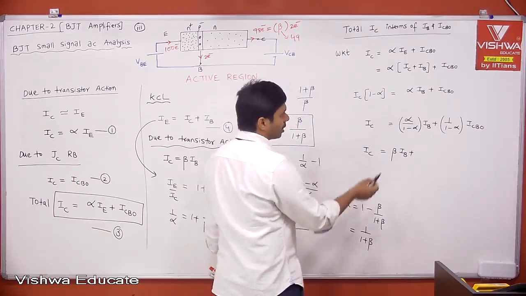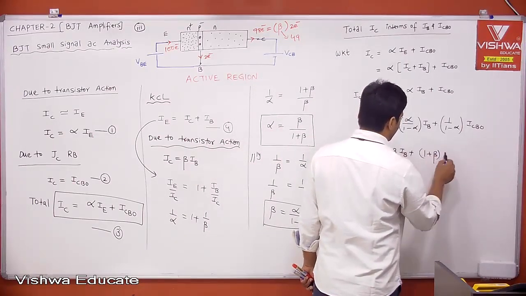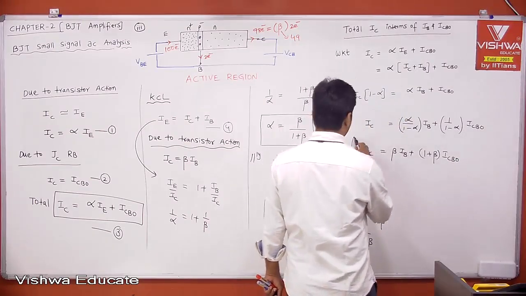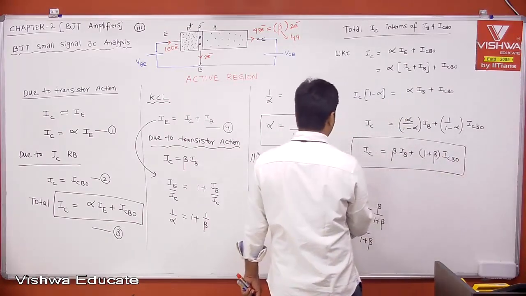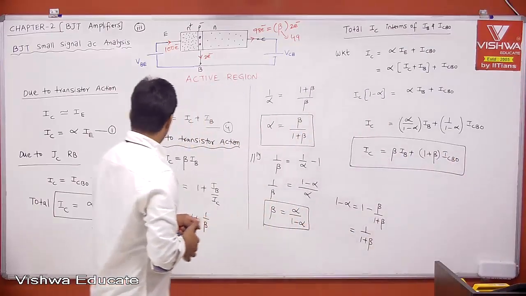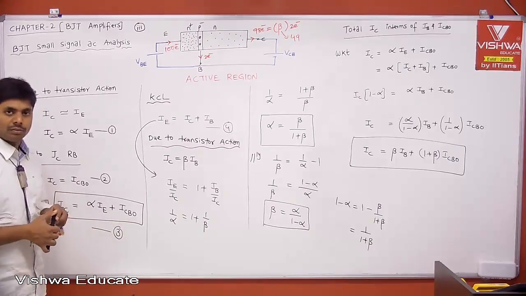Then 1 by 1 minus alpha is 1 plus beta. Therefore, it is 1 plus beta into ICBO. Remember, this is your total collector current in terms of IB as well as ICBO. Here, this is your total collector current in terms of IE and ICBO.